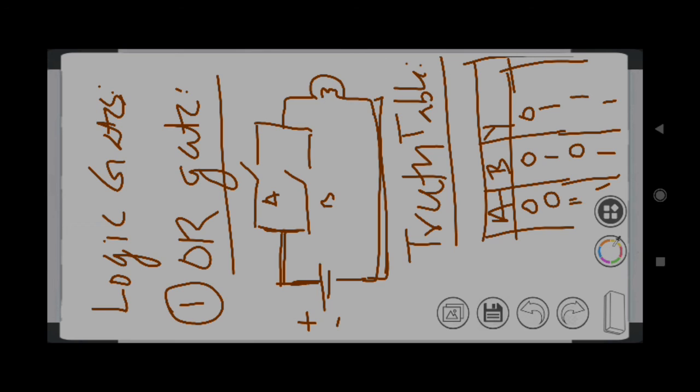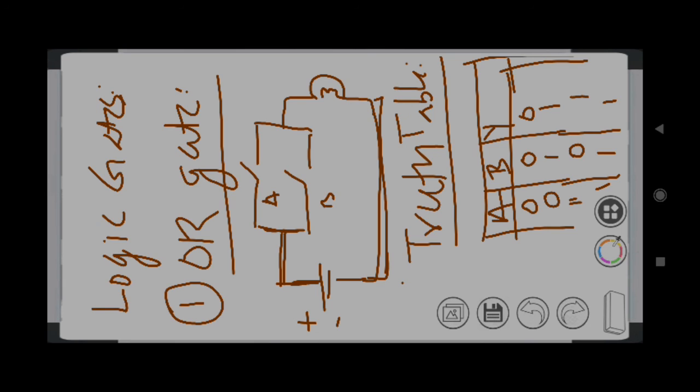Why? Because it is enough to have high output with any one of the two inputs high. If you have two inputs high, no problem. In that case also you are going to have the high output.